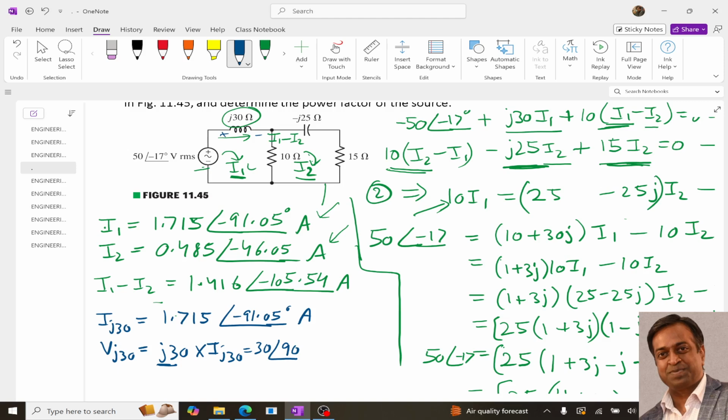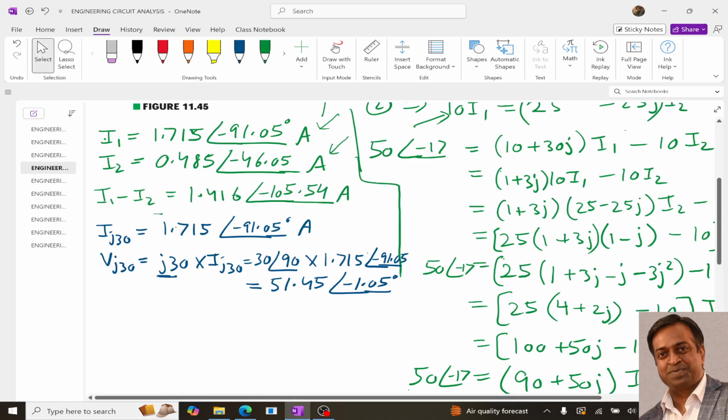So angle 90 into Ij30, which is 1.715 angle minus 91.05, right? So this Vj30 will be equal to 51.45, angle minus 1.05 degree, right?